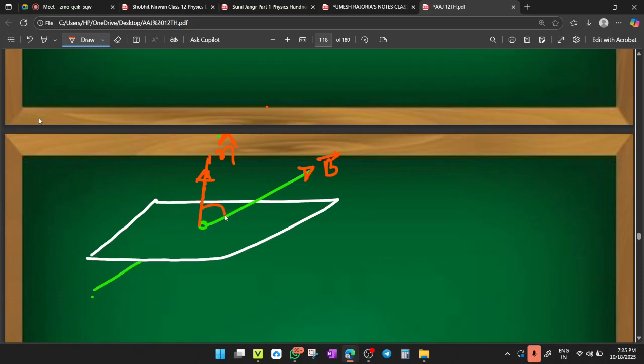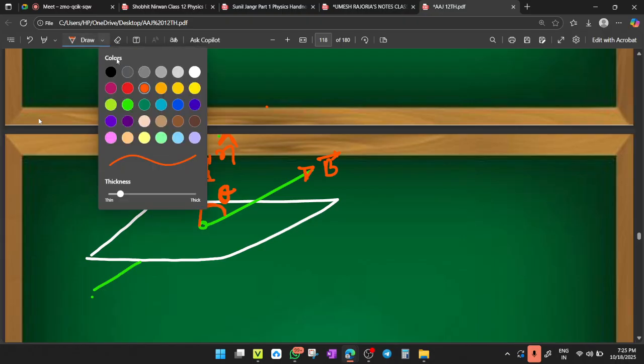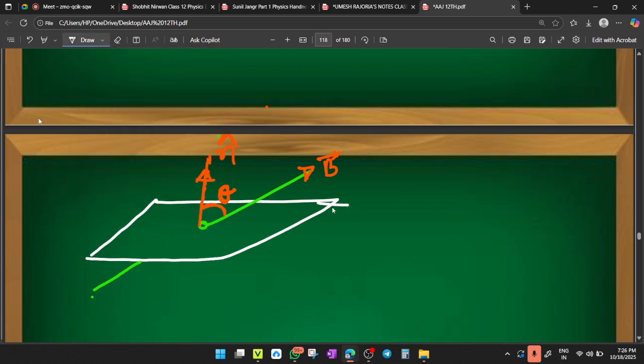It has some angle with the area vector. Okay, this angle is theta. Clear or not? And the total area of this surface equals A. Clear, beta?